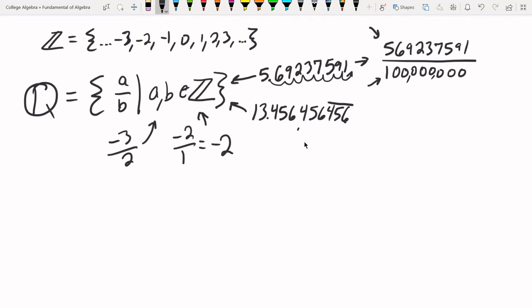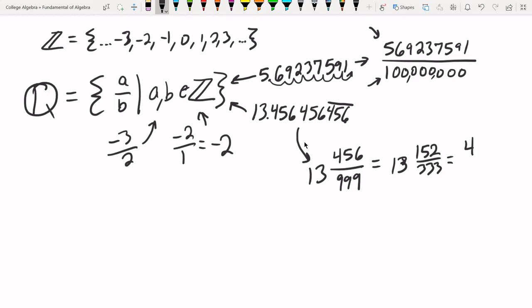This one can be rewritten, and I'm not going to show you exactly how to do it. I recommend looking that up yourself. But I can rewrite it like this, which can be simplified to this. And of course, a mixed number can be changed into an improper fraction very easily.